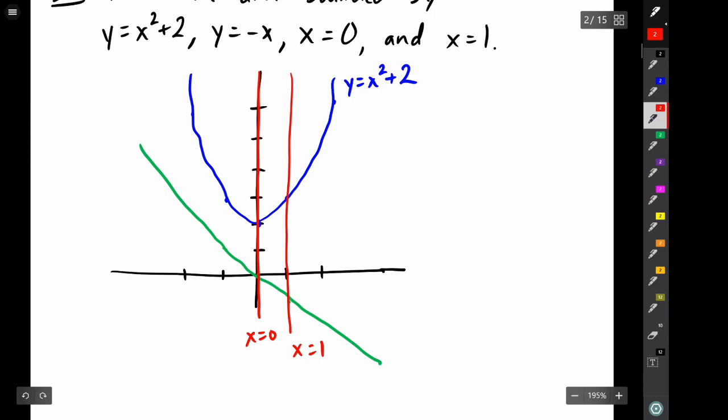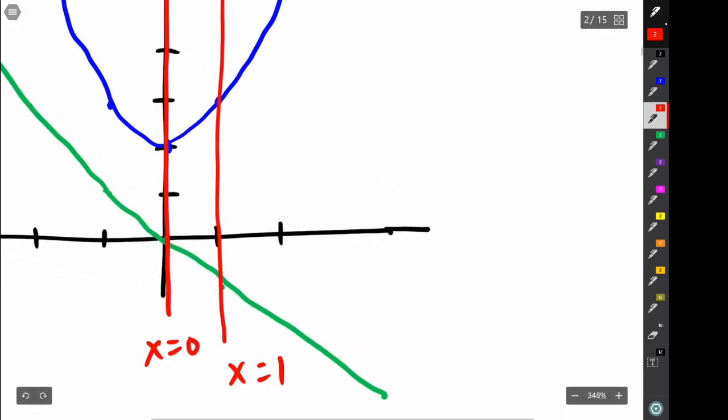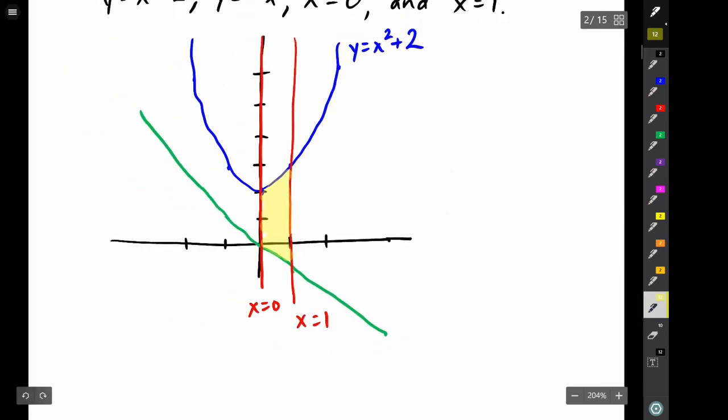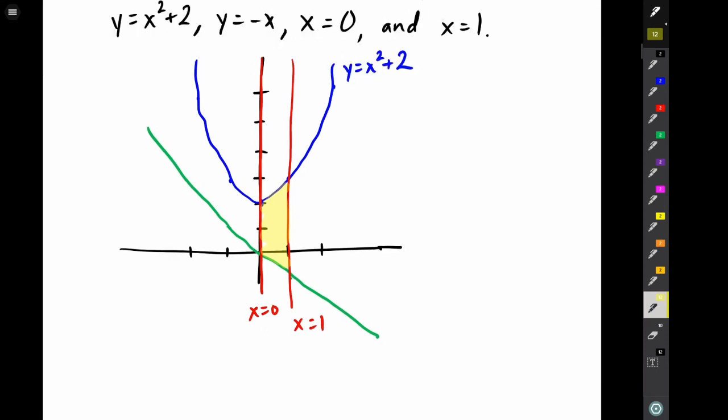So I really should have zoomed in a bit more. We're looking at this area right in here. We want to compute the area of that region.